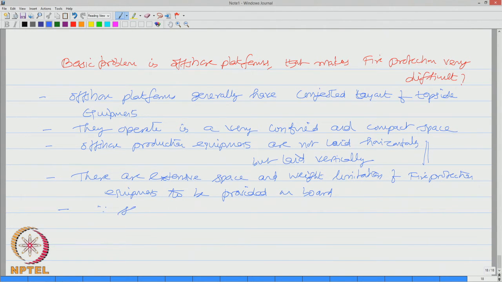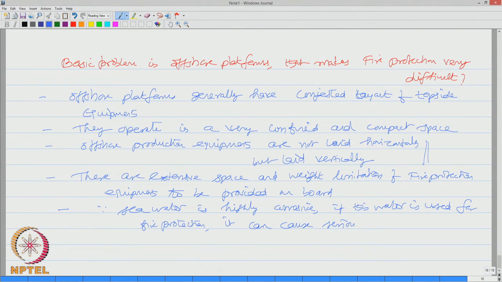Since sea water is very corrosive, if this water is used for fire protection, it can cause very serious consequences to these equipments.